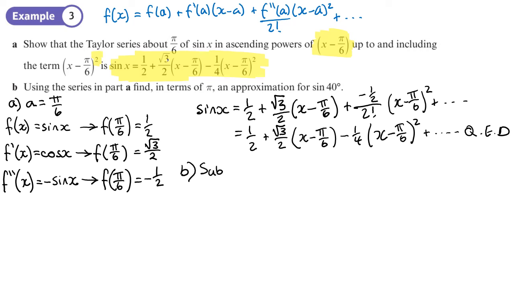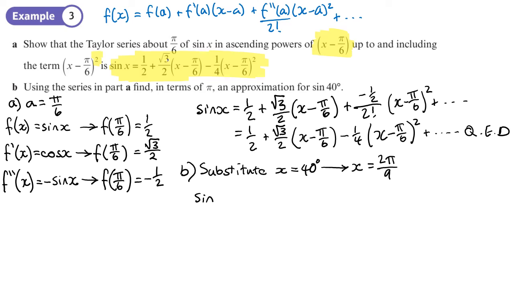So substitute x for 40, but we are in radians, so we need to change 40 degrees to radians. 180 is pi, so 40 degrees is 2 pi divided by 9. So remember, we're working in radians. That's all we need to do, just substitute.